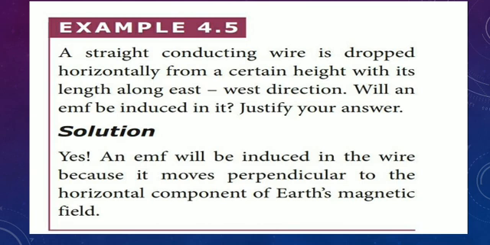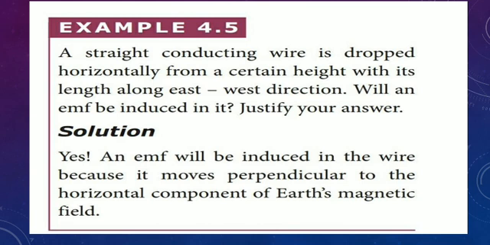Solution: an EMF will be induced in the wire because it moves perpendicular to the horizontal component of the earth's magnetic field. Earth has a magnetic field, no? Yes, from north pole to south pole. Due to that EMF is induced, because the wire is dropped horizontally, so the earth's magnetic field acts perpendicular to the plane of the wire.